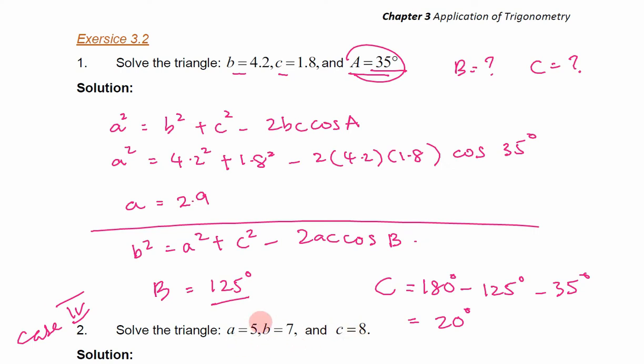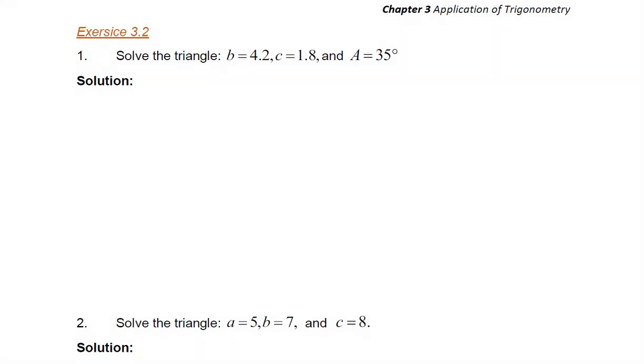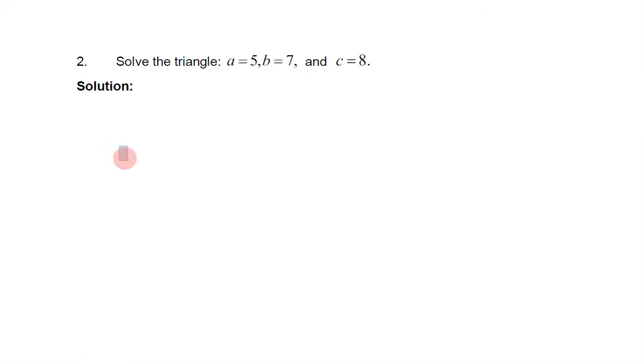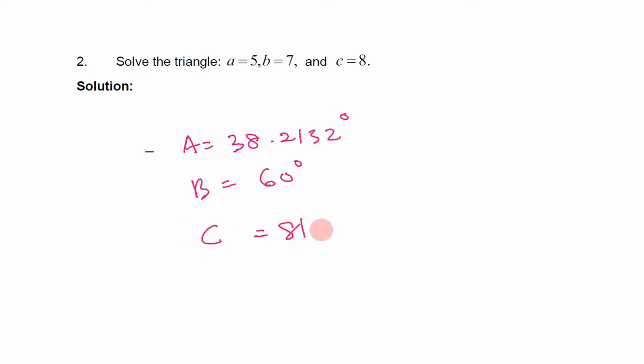You use law of cosine and you will get the answer for question number 2: angle A equal to 38.21, B equal to 60 degrees, C equal to 81.786.